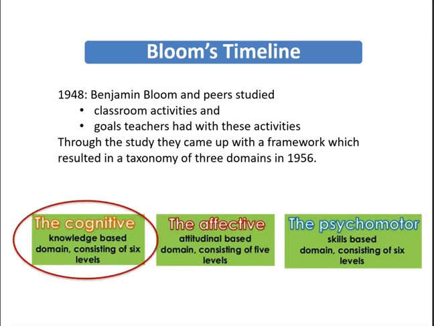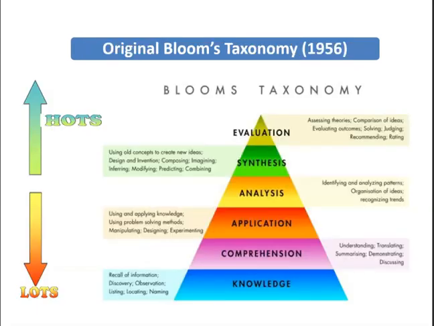In this course, we will deal more with the cognitive domain, which is established on the knowledge base, because that is what we want students to access and also to enhance their critical thinking.